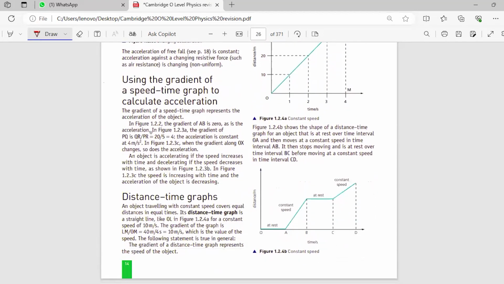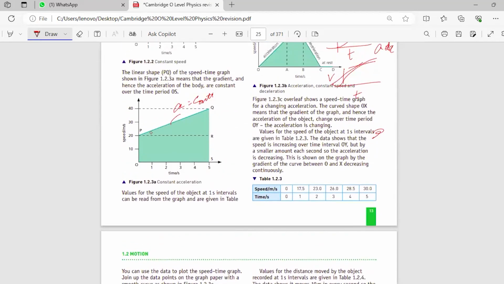The gradient of the speed-time graph is equal to the slope, and that is equal to the acceleration, that is rise over run. Just for this example, going from 20 to 40, its rise is 20, and its run is given to be 5. So this 20 over 5 gives us the acceleration of this moving particle.